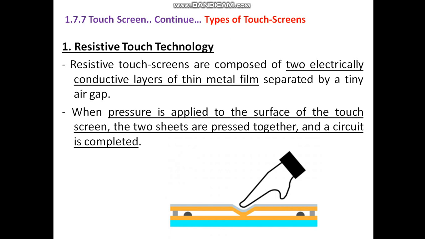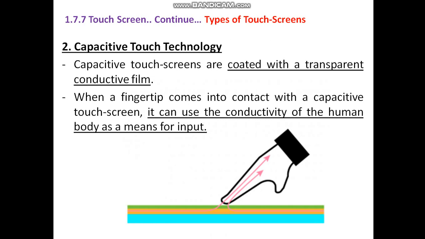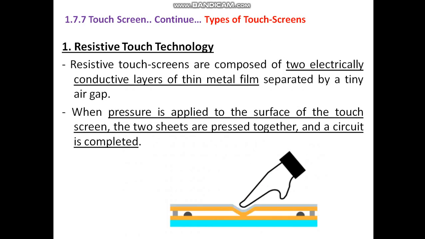In a resistive touch screen, there are two electrically conductive layers separated by a tiny air gap. When pressure is applied to the surface of the touch screen, the two sheets are pressed together and the circuit is completed.